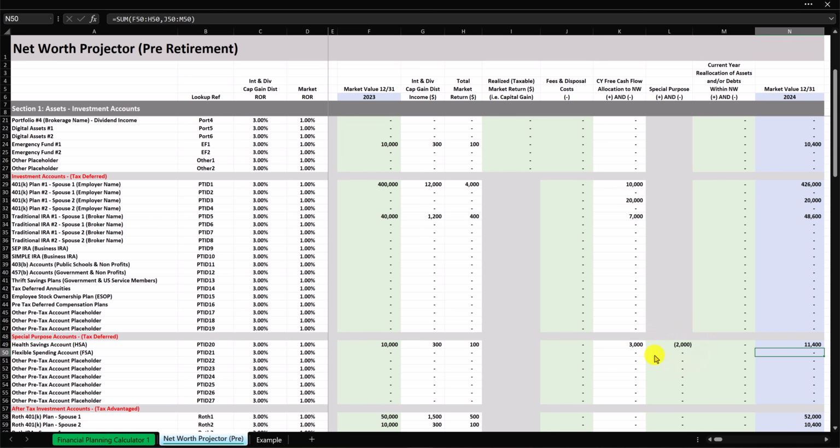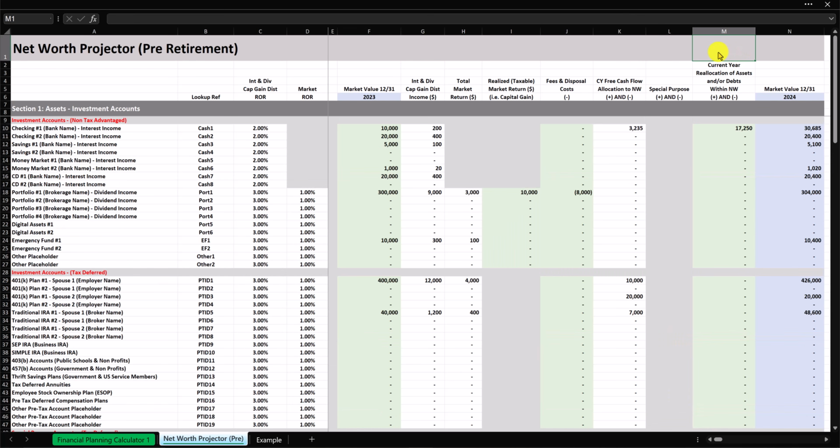And so for purposes of setting up the calculator, we have to account for the distinction between this kind of distribution, which is not subject to tax, and distributions that are going to happen up here that will be subject to tax. And for the moment, I have created this special purpose column to handle that, and we will review this once again in detail as soon as the cash flow projector is complete.